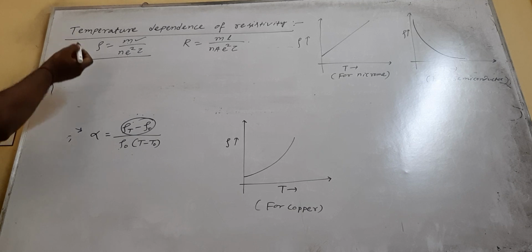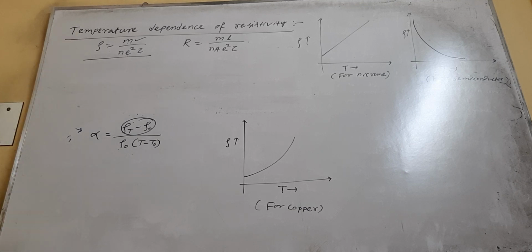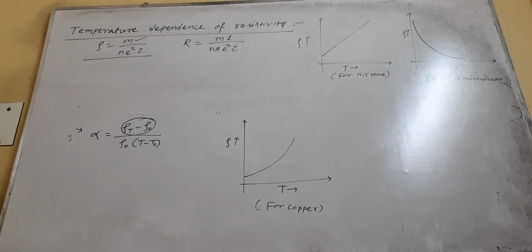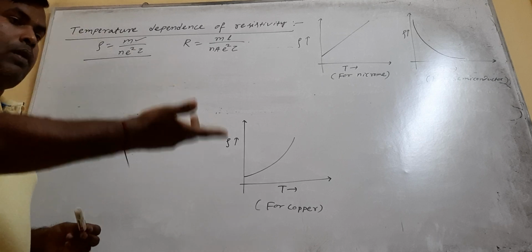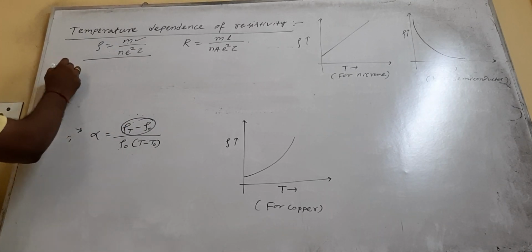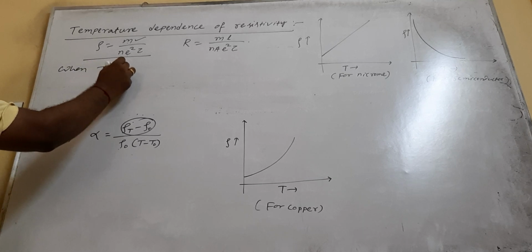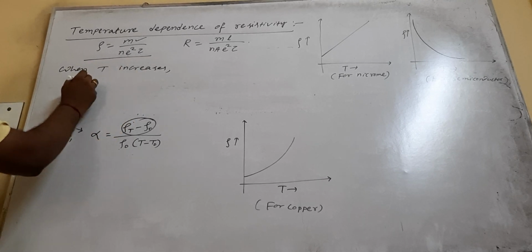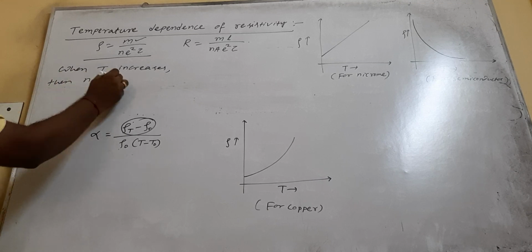So when you increase temperature, n, the number density of free electrons, changes. When you increase the temperature, some other electrons become free, so n will increase. When temperature increases, n increases.